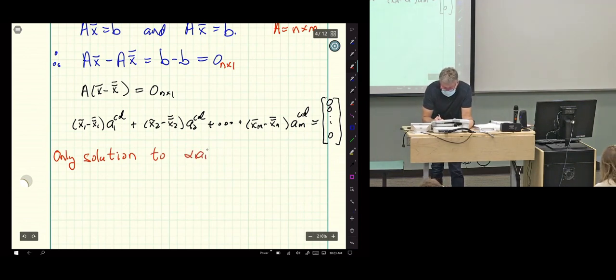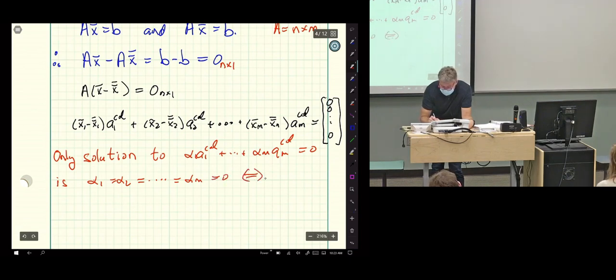Alpha 1 A1 column, dot, dot, dot, alpha m AM column equals 0 is alpha 1 equals alpha 2 equals dot, dot, dot, equals alpha m equals 0. That's equivalent to linear independence of the columns.